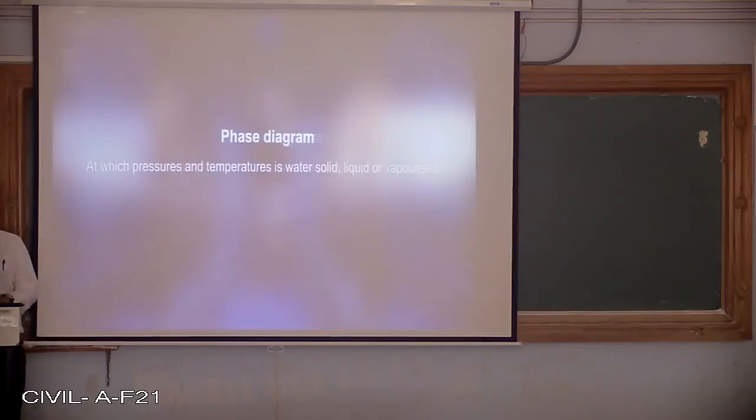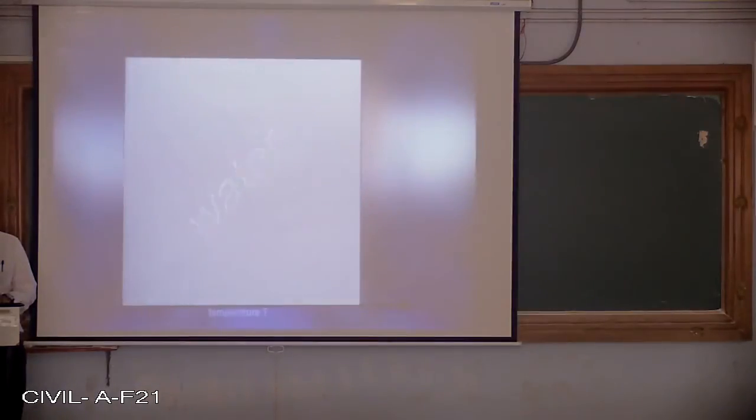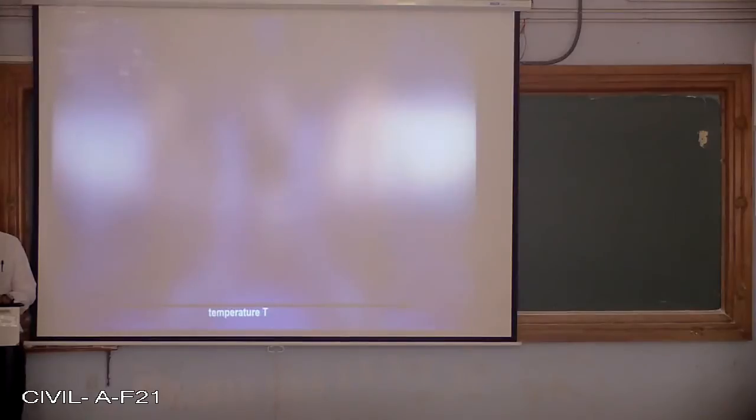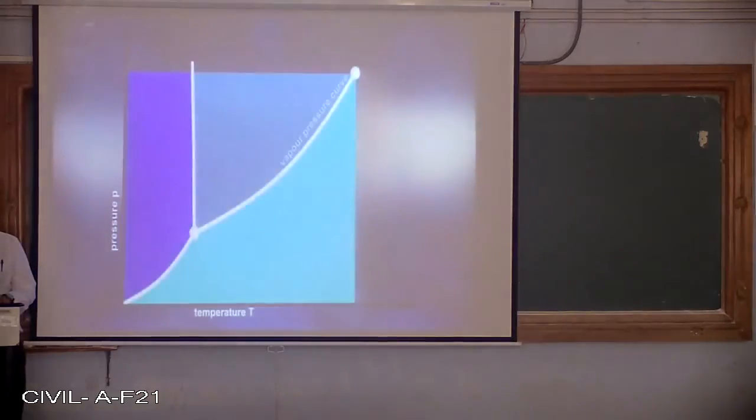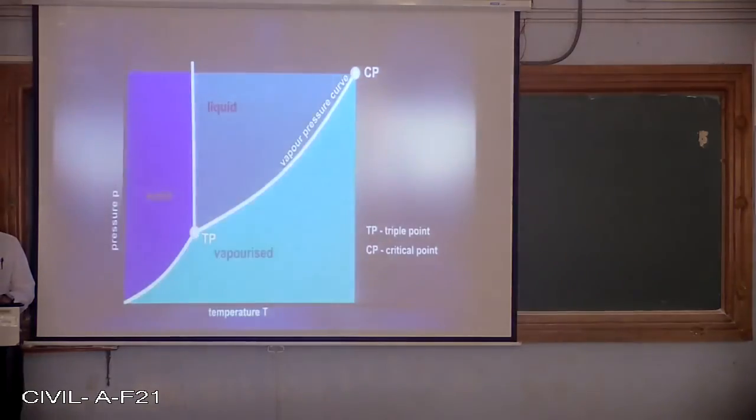The phase diagram of water shows if water is in its gaseous, liquid, or solid state, depending on temperature and pressure. The horizontal axis of the diagram represents temperature, while its vertical axis shows pressure. A vapor pressure curve is part of a phase diagram. It indicates at which pressures and temperatures water evaporates from liquid to vapor or condenses from vapor to liquid.